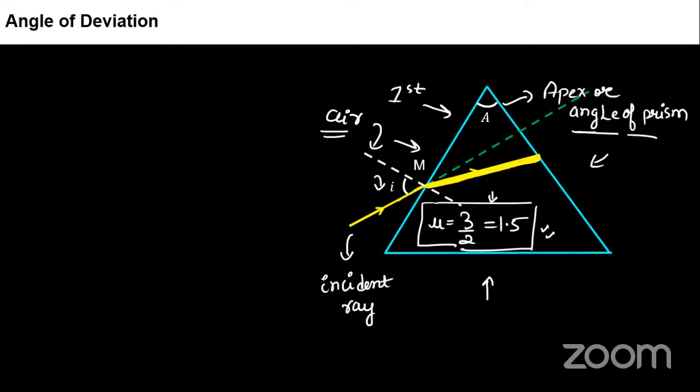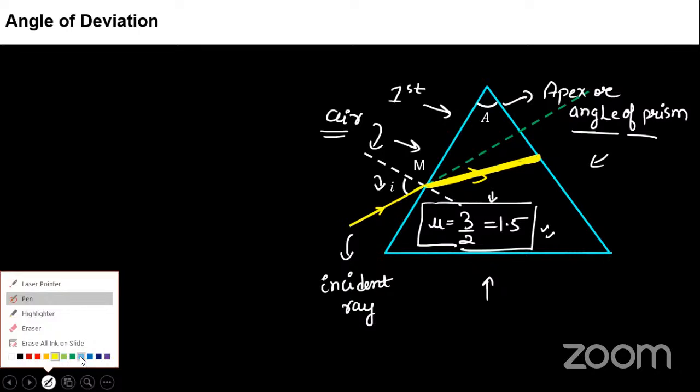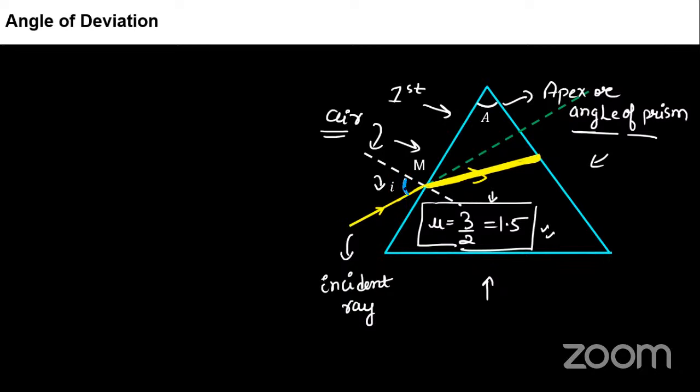So this is the angle which the incident ray is making with the normal. And this is the angle which this refracted ray is making with the normal.